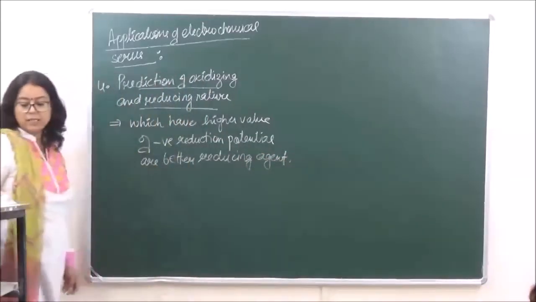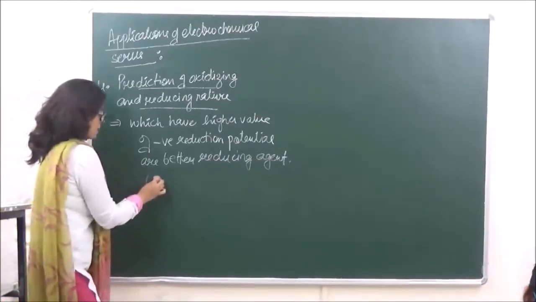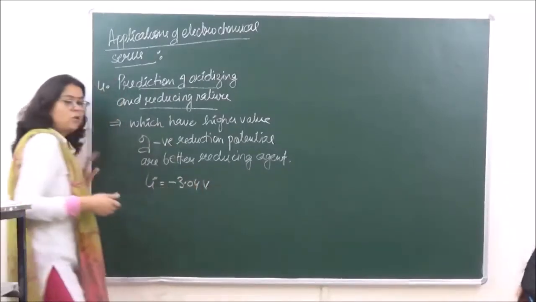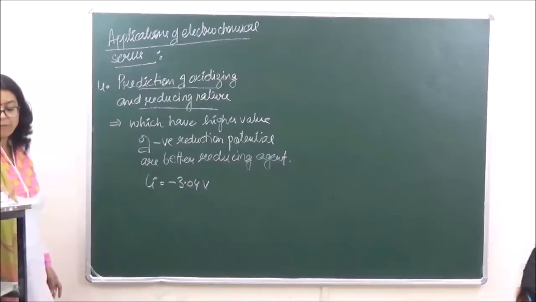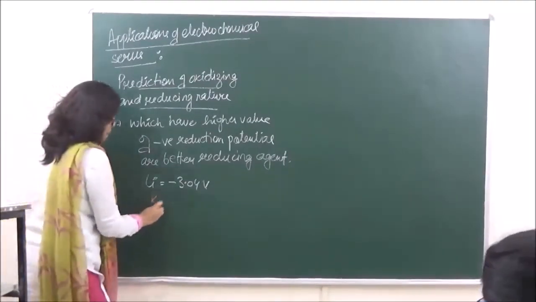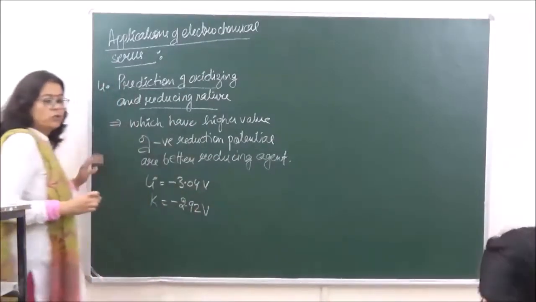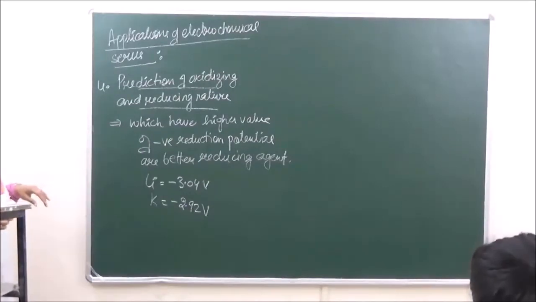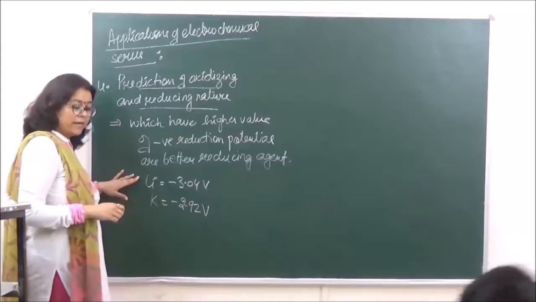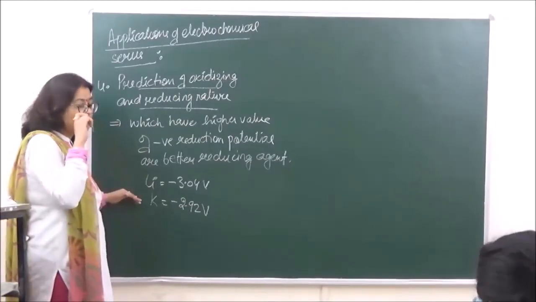As for example, if we are comparing lithium with a value of minus 3.05 volt and that of potassium minus 2.92 volts, you can see that lithium has a higher value of negative reduction potential, so lithium is going to be a better reducing agent than potassium.